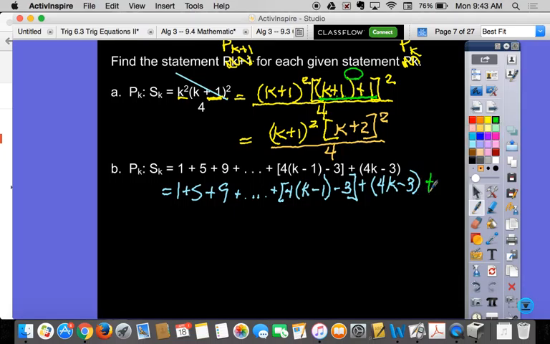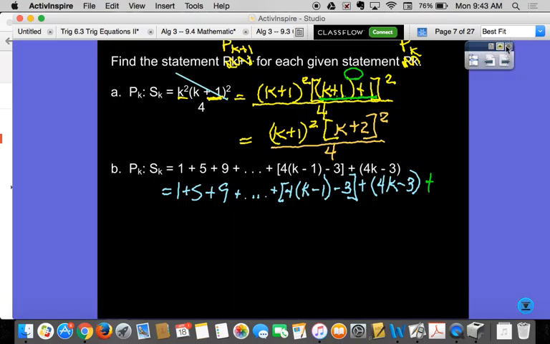You're trying to create the next one by plugging in k plus 1 in the place of k. So in this last little term, and you know it's the term because it's wherever your plus or minus signs exist. So in the sequence, it's wherever your little plus signs are. You're going to come in here and replace the k with k plus 1.